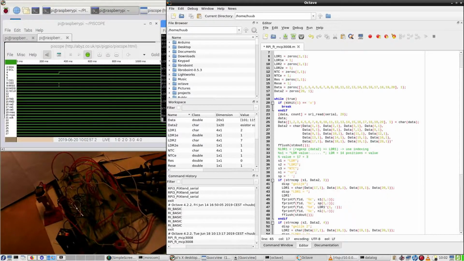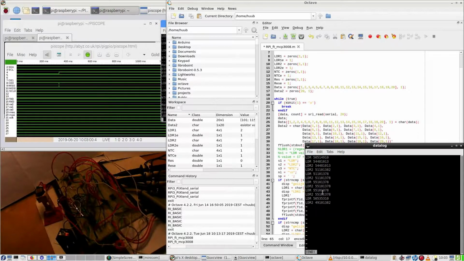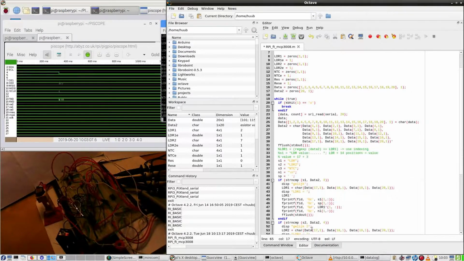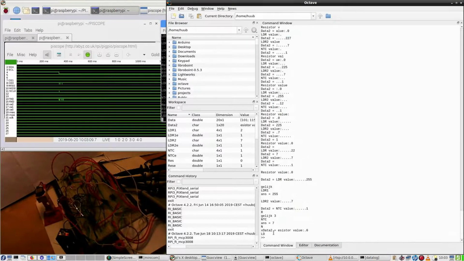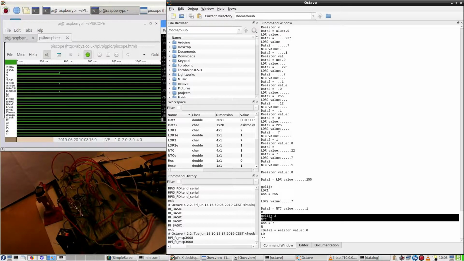Some observations. First of all, only LDR and LDR2 are being logged, while from the command window the data absolutely says, okay, this is NTC. So why is NTC not in the data log?